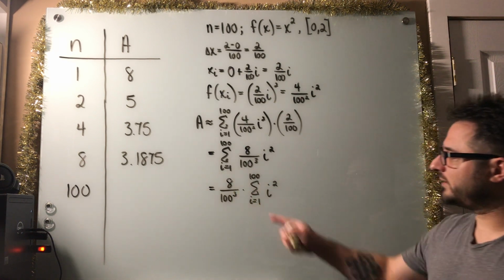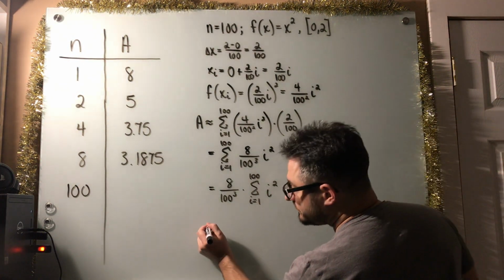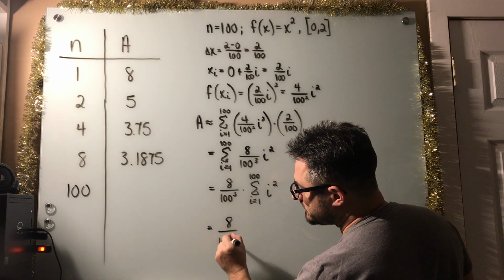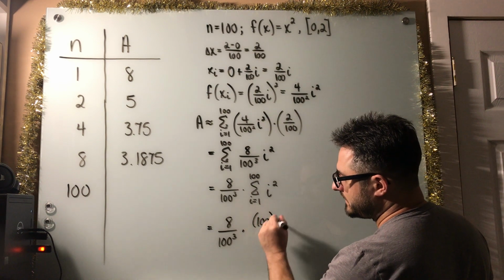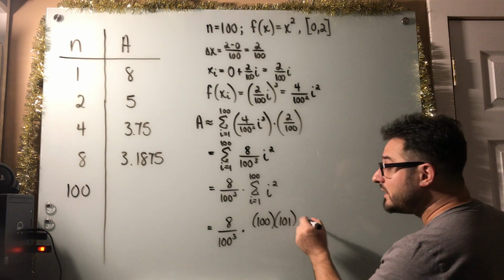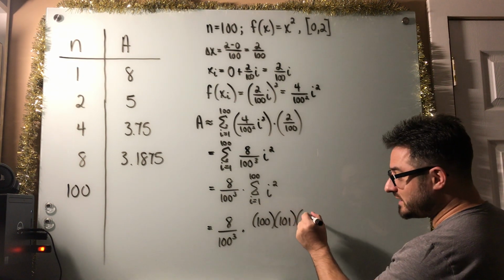Again, familiar process. The 8 over 100 cubed is a constant multiple that can be brought out in front. And then we have the formula of i squared when n is 100. So n times n plus 1, the next number after n, times 2n plus 1, which is actually the sum of those.